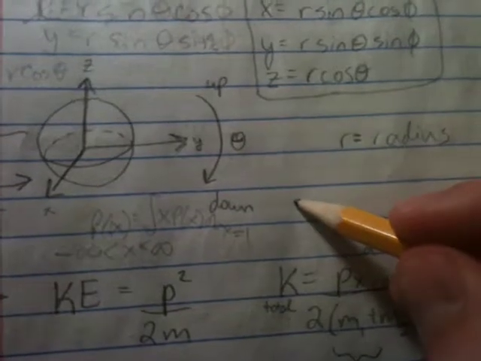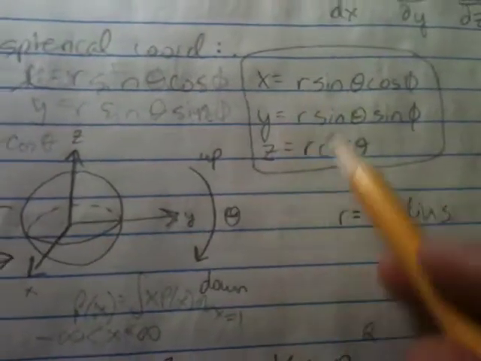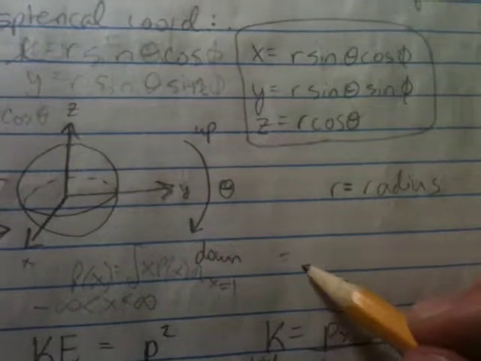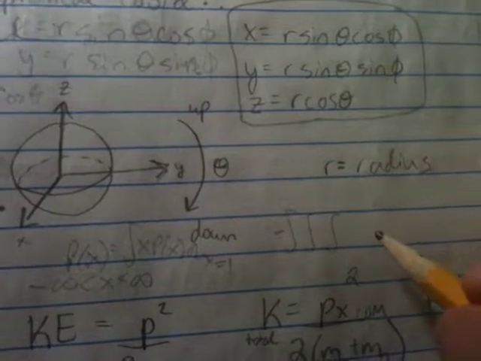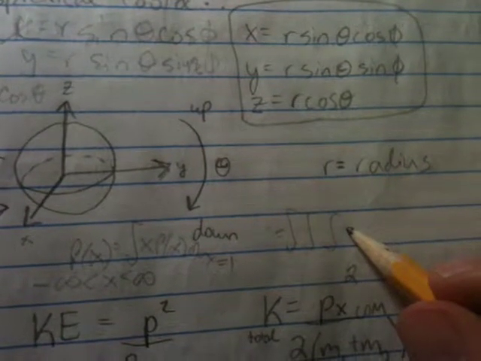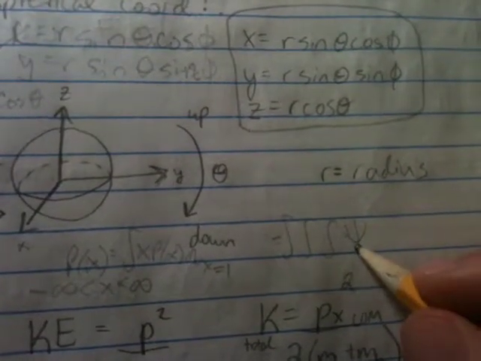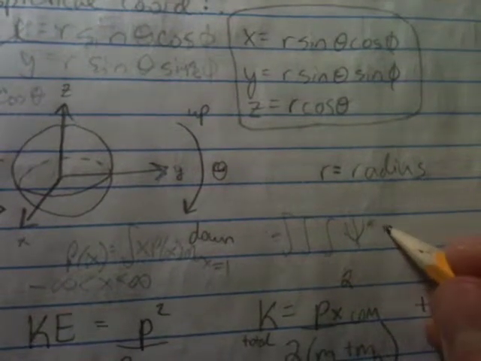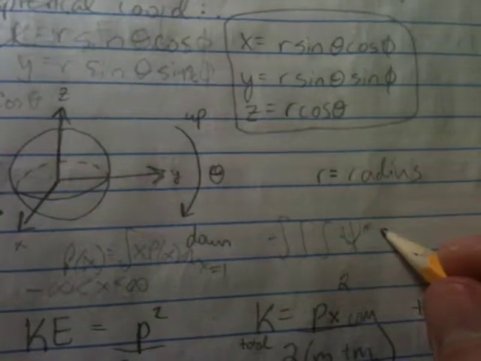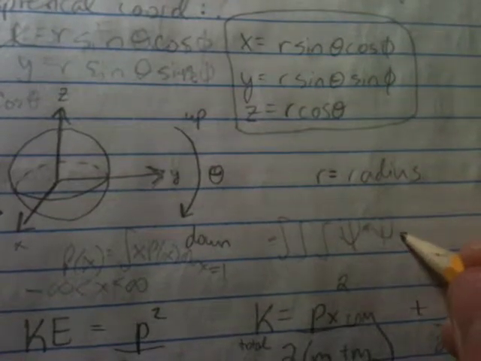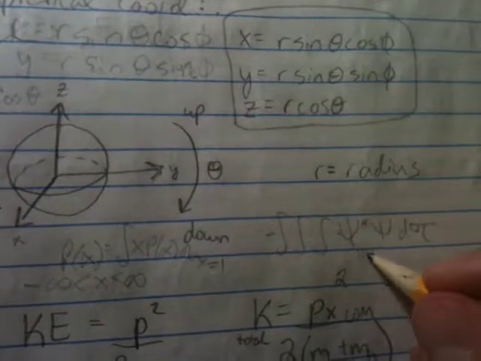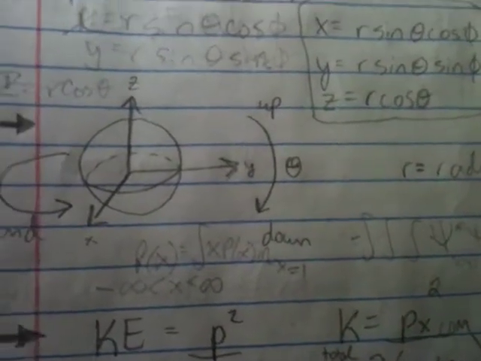So if you had some psi in spherical terms, you would have to do a triple integral. Let's just do d tau. And these would be x, y, z, but in spherical terms. D tau, and you would do that for all of those.